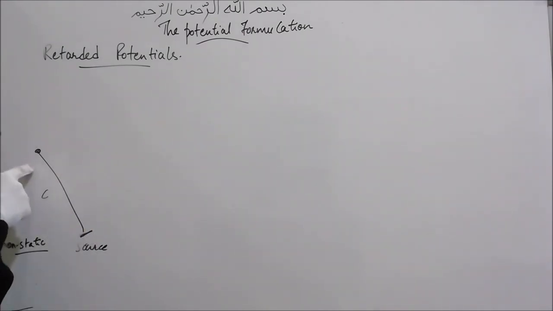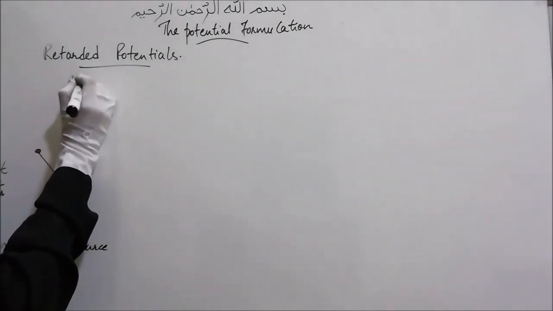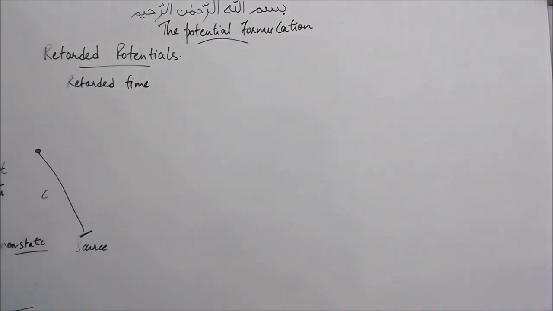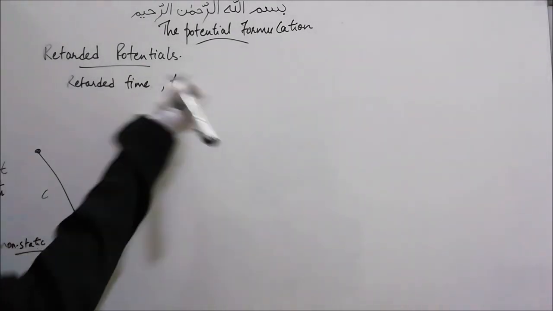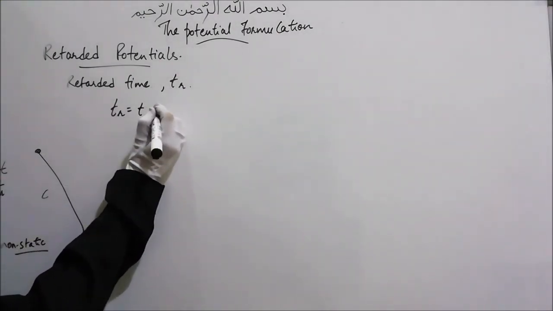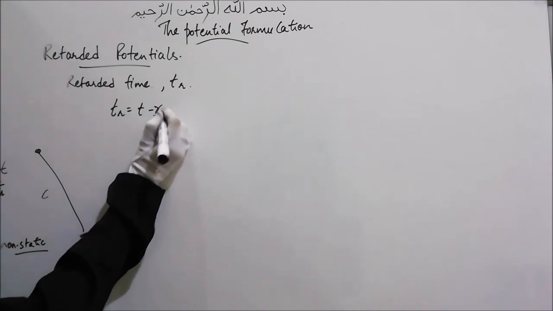That is, I don't need this time t, I need some previous time t_r, which is called the retarded time, when this EM wave, when this news left that source. We can call it some earlier time, or some retarded time, t_r, and t_r is equal to t minus R by c.